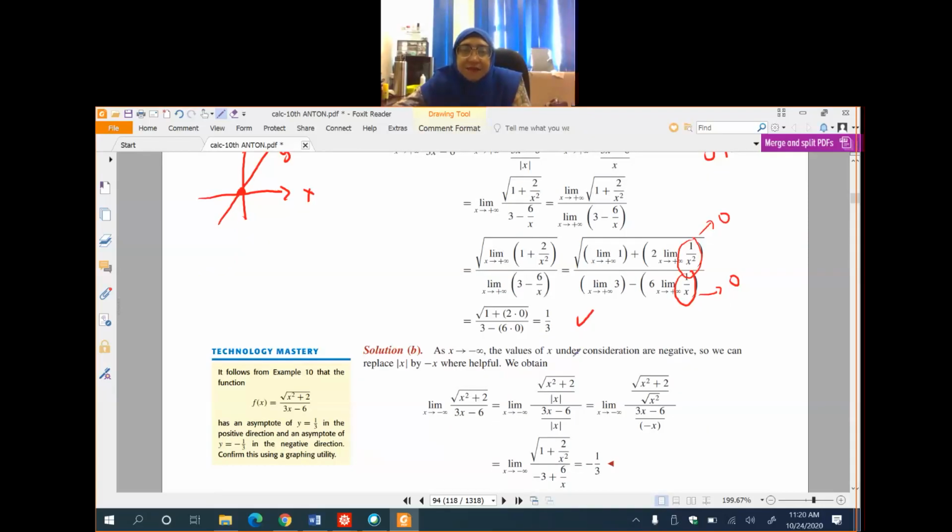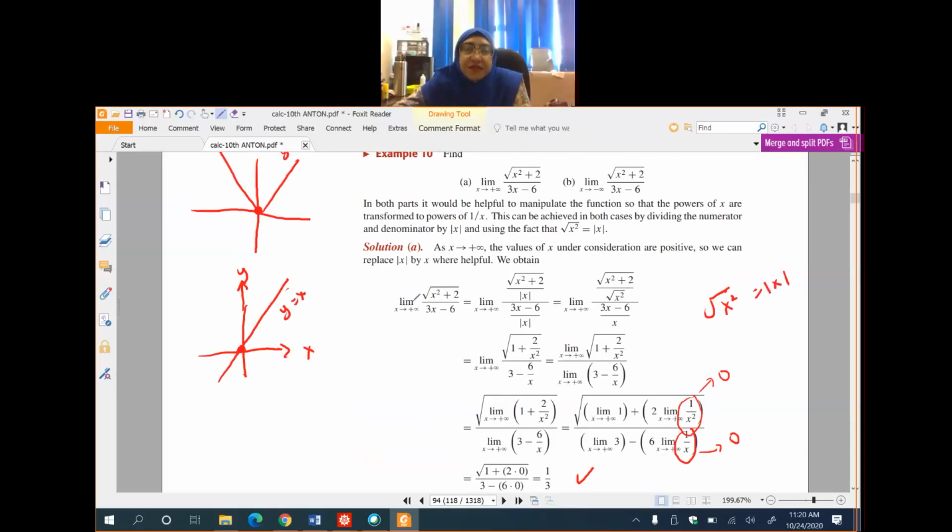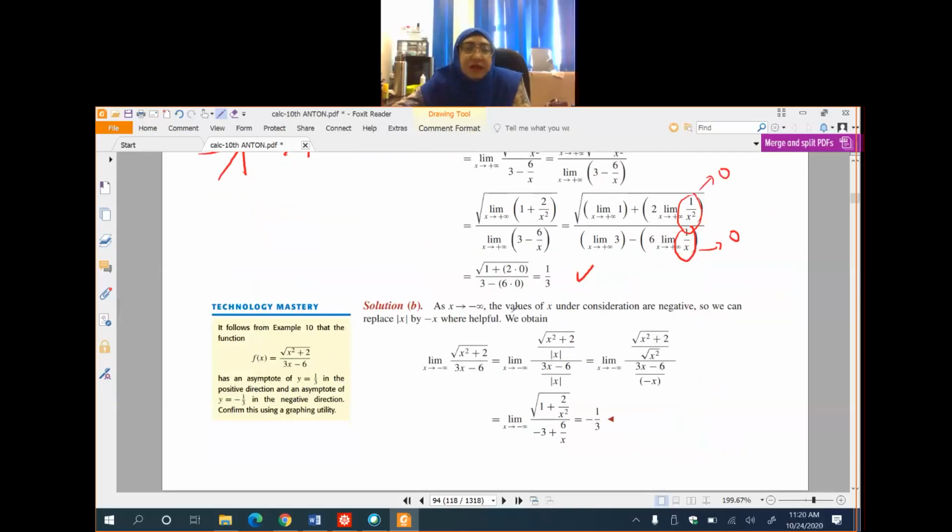For B, there's a difference between A and B: x tends to plus infinity for A, but for B, x tends to negative infinity. That's the difference here. It's the same as before.